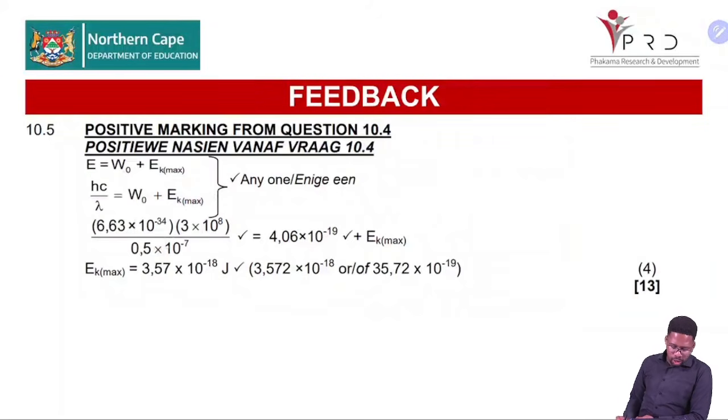Then you can expand on energy, hc over lambda, which may be 6,63 times 10 to the power negative 34 multiplied by the speed of light, which is 3 times 10 to the power 8, divided by the given wavelength, which was 0,5 times 10 to the power negative 7, is equal to our work function, 4,06 times 10 to the power negative 19, plus EK max.